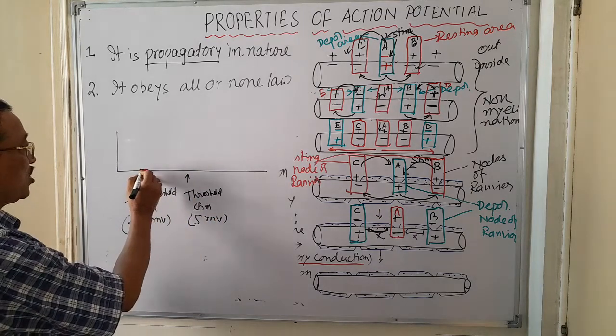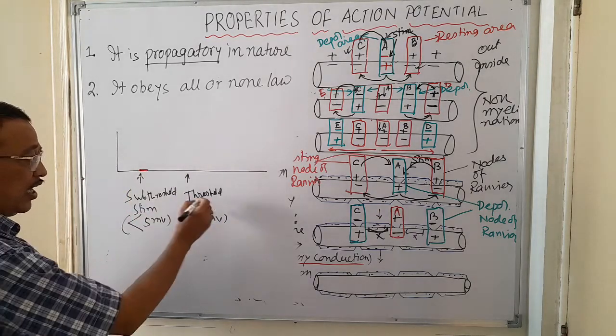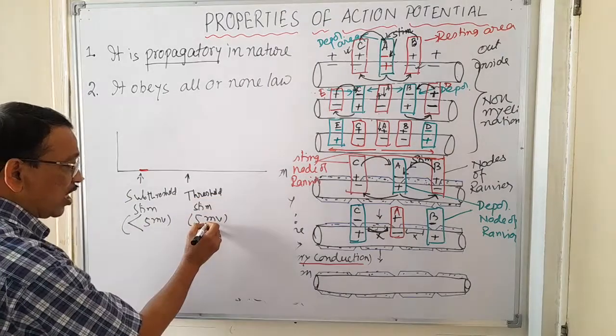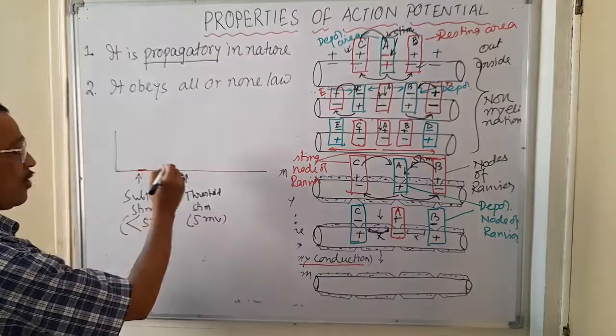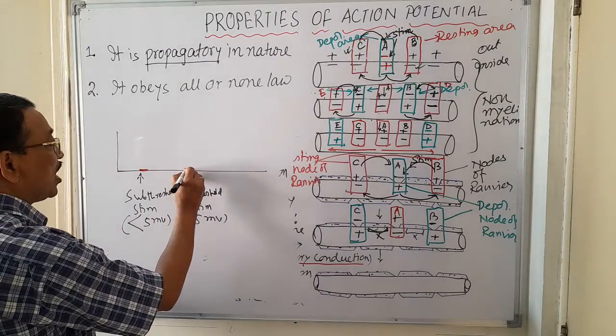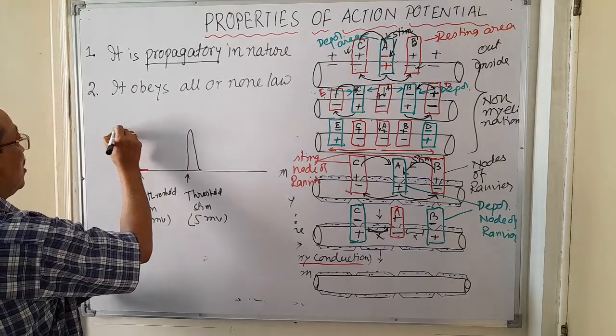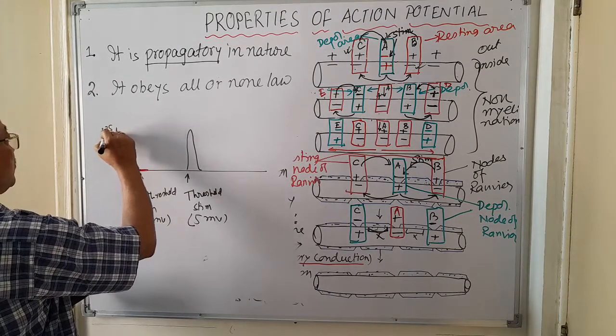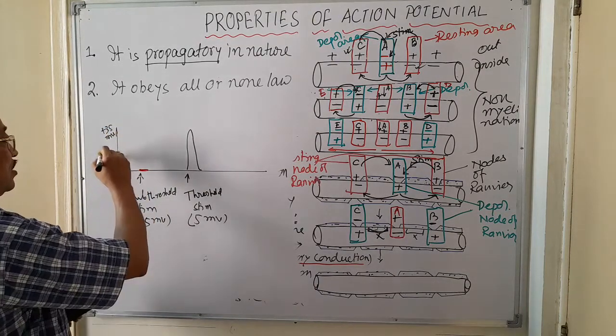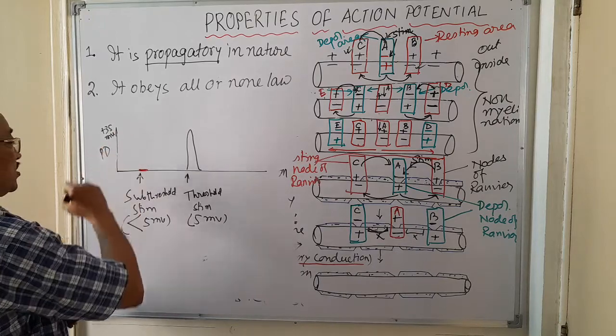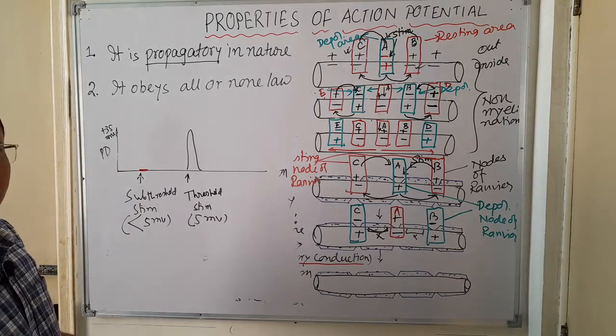So no action potential is developed here. Now in case of the threshold stimulus of 5 millivolt, if I apply it, then the action potential is developed, and the magnitude is, suppose, plus 35 millivolt. This is the potential difference, plus 35 millivolt.